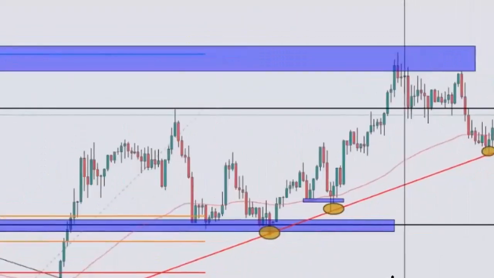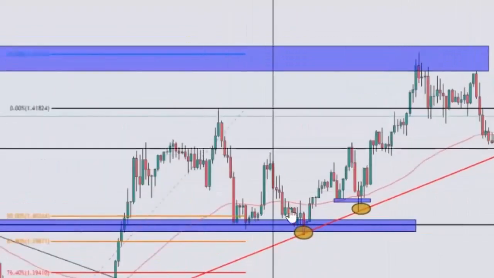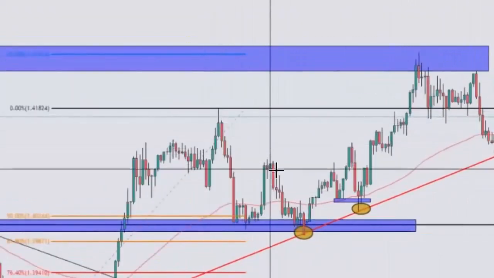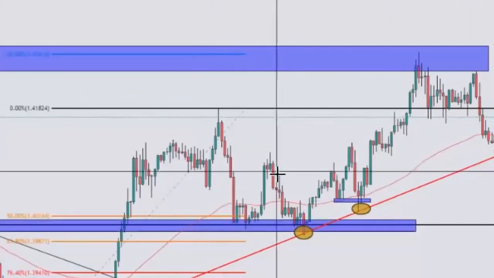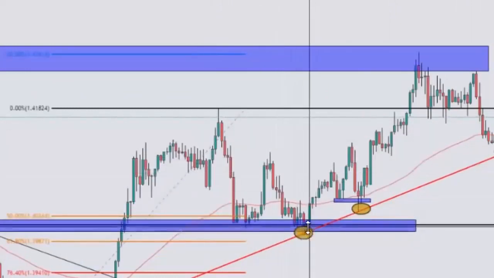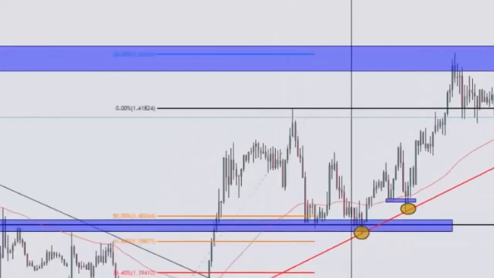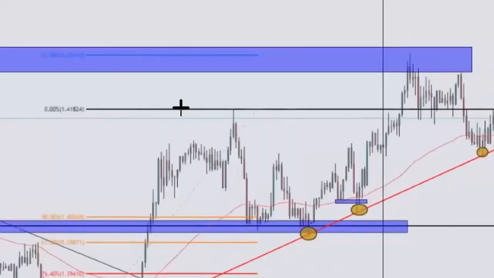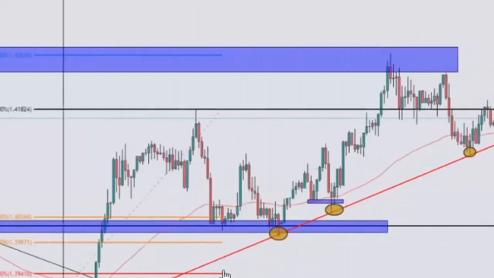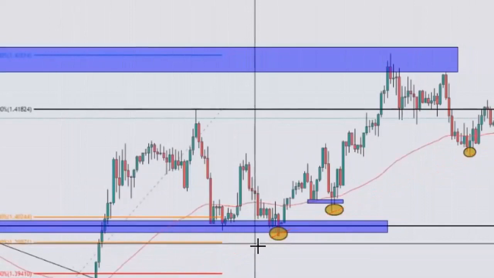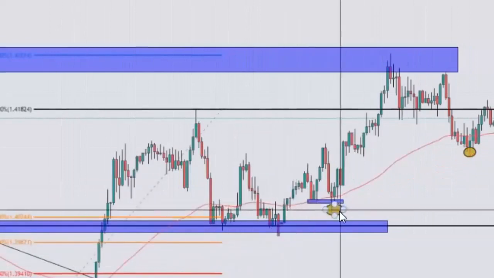So on the 1-hourly, we can see price was making lower highs. And in my opinion this wasn't the ideal area to enter, just because we didn't have a clear trend yet. This right here wasn't made yet.